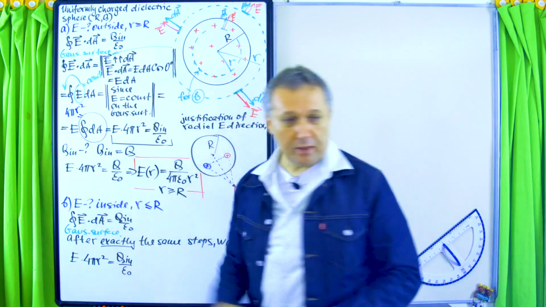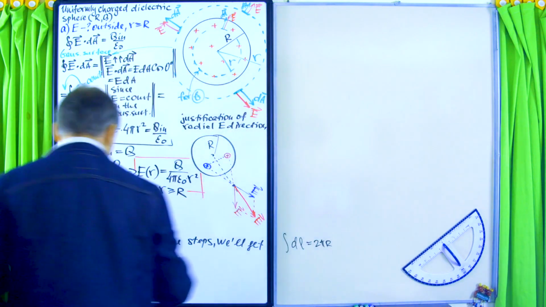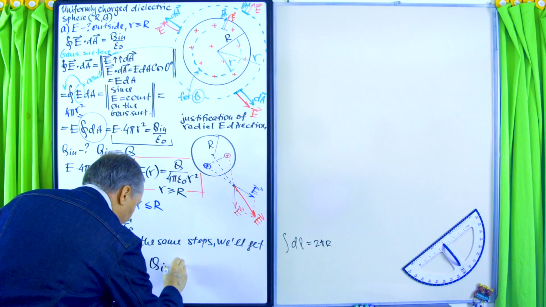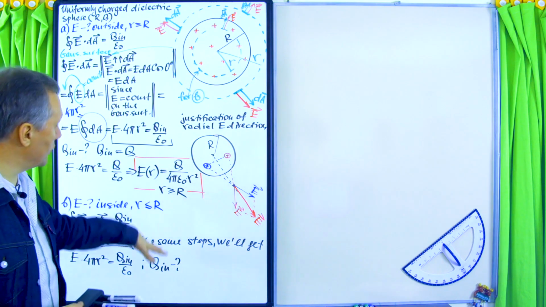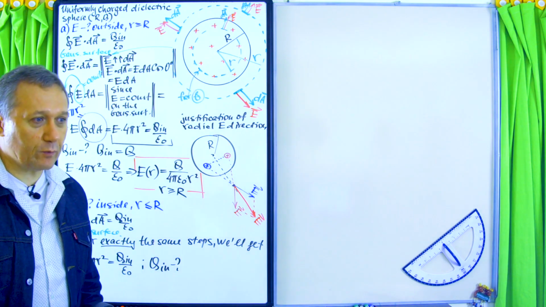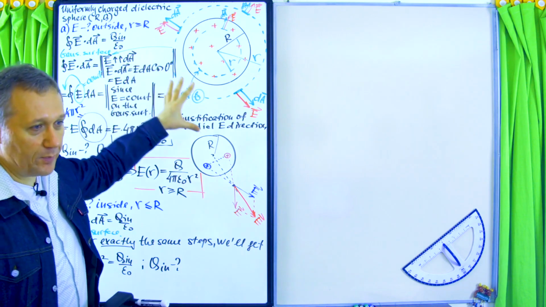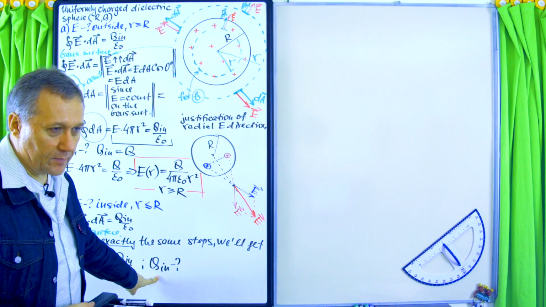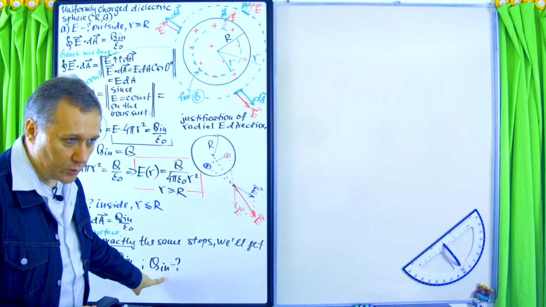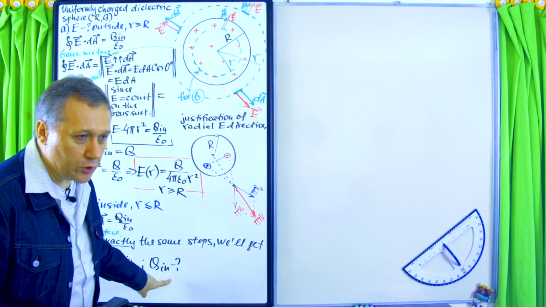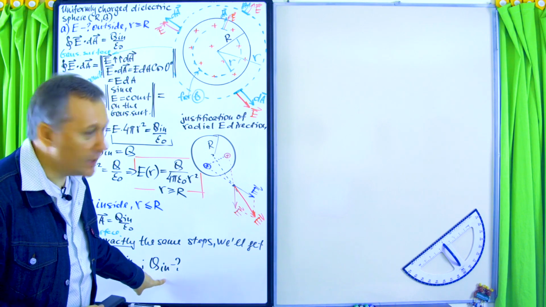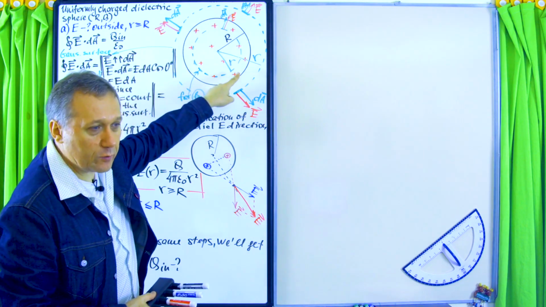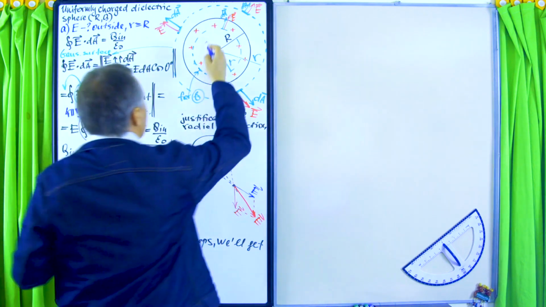So the next step, what about Q enclosed? So now, Q enclosed in this case. First of all, we need to see on the picture, where is this Q enclosed? Again, it's the total charge within your chosen Gaussian surface. Now your Gaussian surface is here. So the charge which we want to find is this.